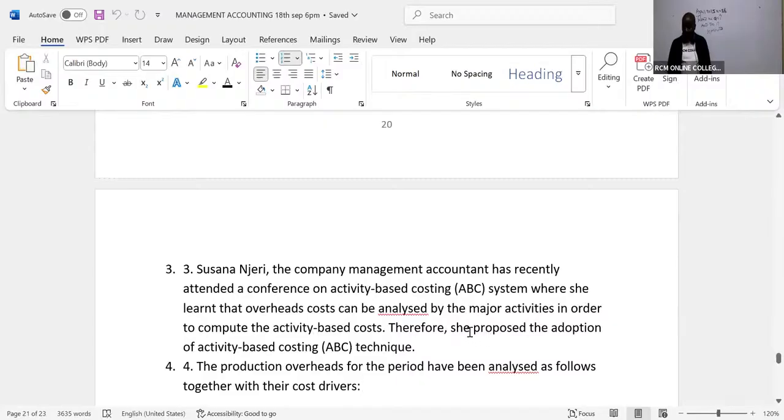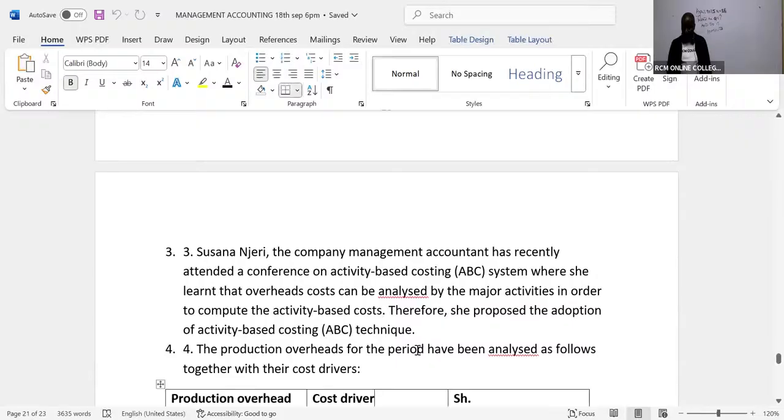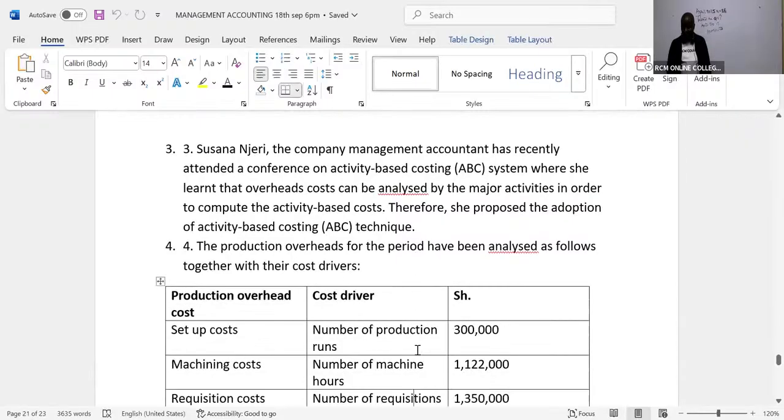Therefore, she proposed the adoption of ABC technique for the production overhead for the period, which have been analyzed as follows.